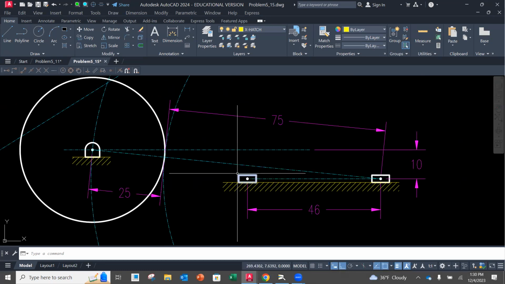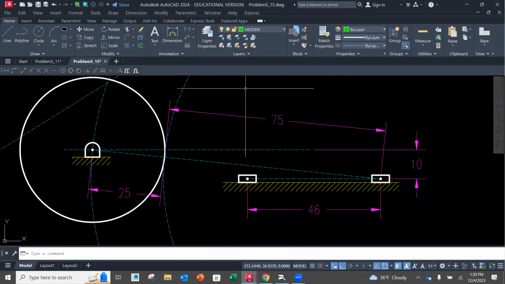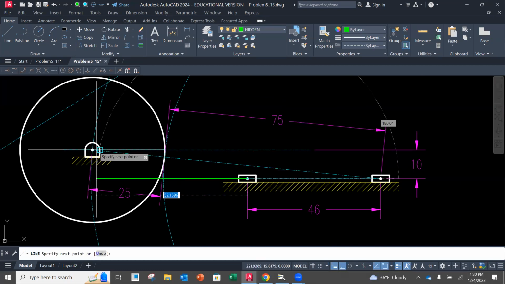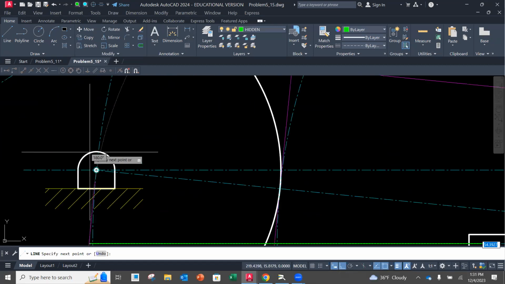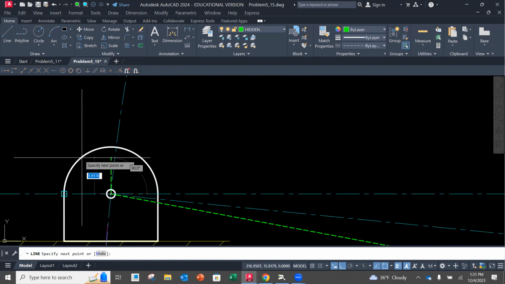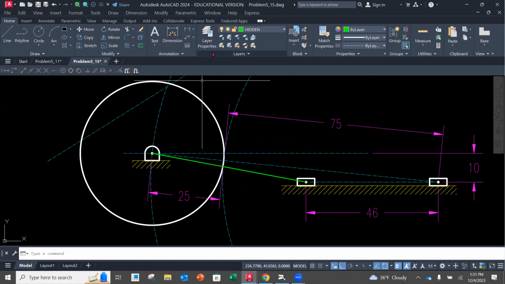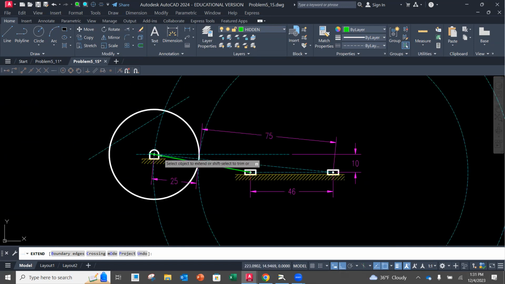I would do that very same thing here, but this time I would show that from this position through my center, because it has to go through the center. And then I would extend to the outermost. So let me do my trim, extend. It's going to have to go a couple places, extend, and then extend one more time, okay?